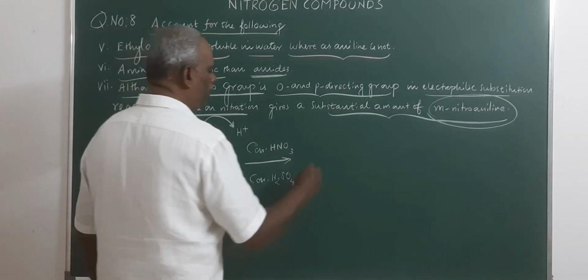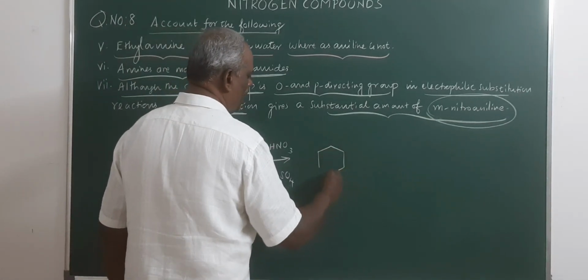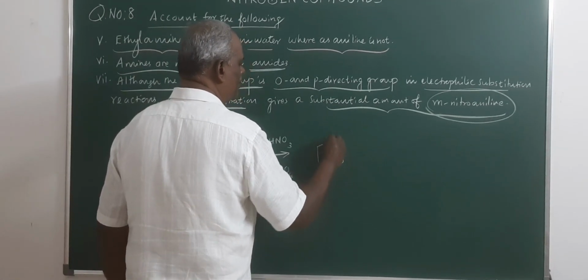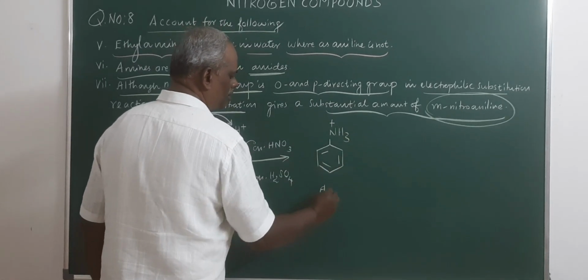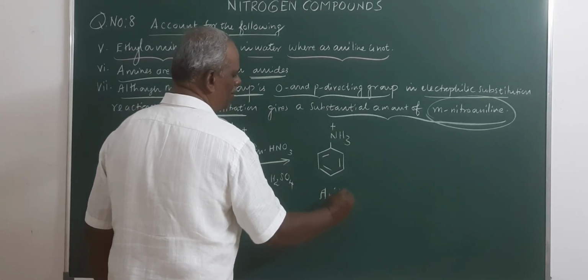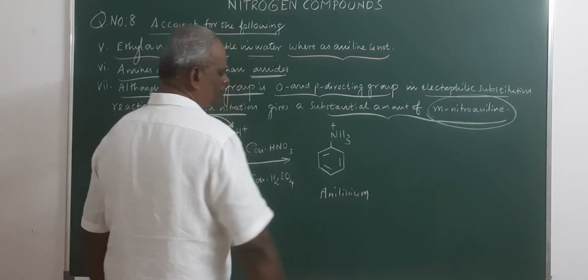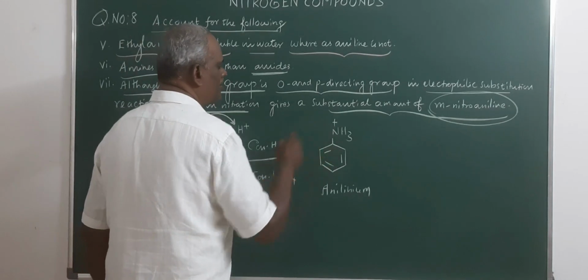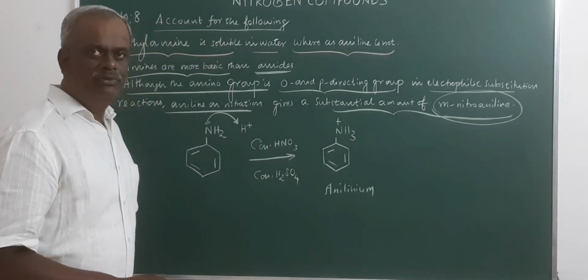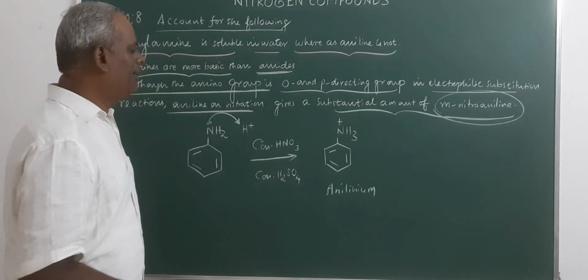So due to the protonation, we have an anilinium ion. This is the ion called anilinium ion. The formation of anilinium clearly indicates that the pair of electrons on the nitrogen decreases. So electron density is not there.